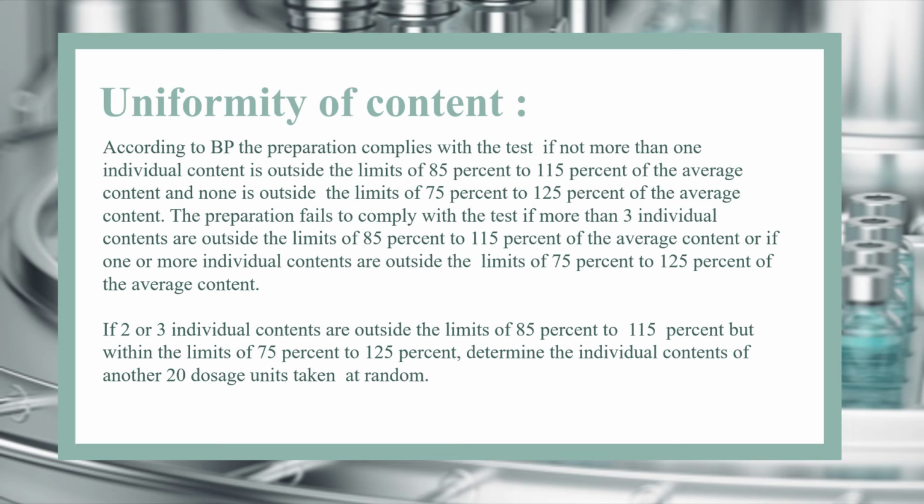If 2 or 3 individual contents are outside the limit of 85% to 150% but within the limit of 75% to 125%, determine the individual content of another 20 dosage units taken at random.